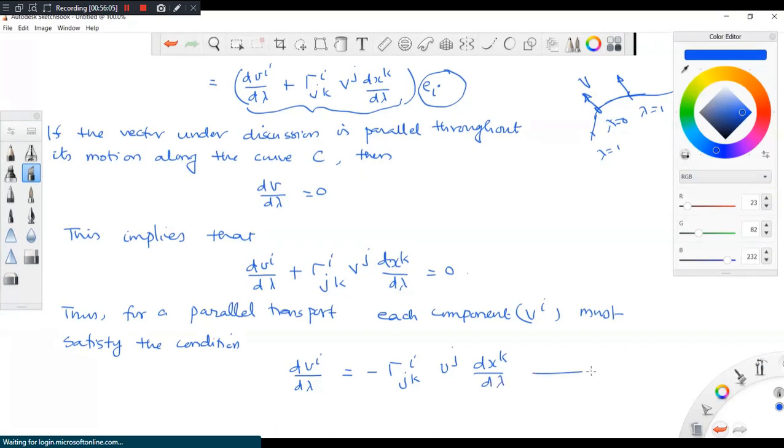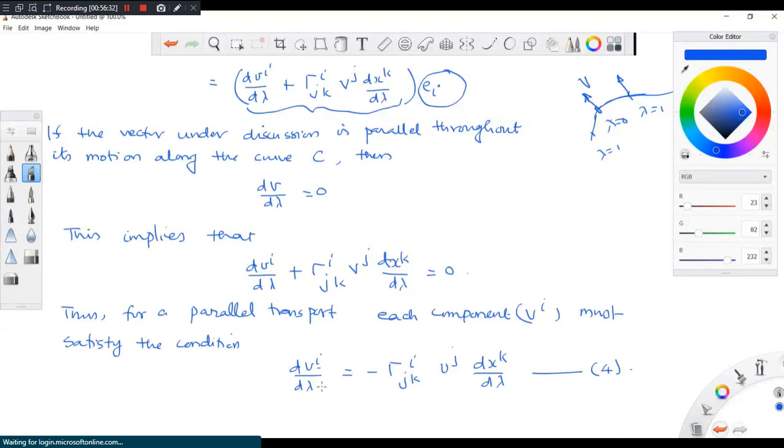Call this equation 4. So it is connecting the vector components and the derivative with respect to the components. That is why they are called the connection coefficients. This is the condition for parallel transport.